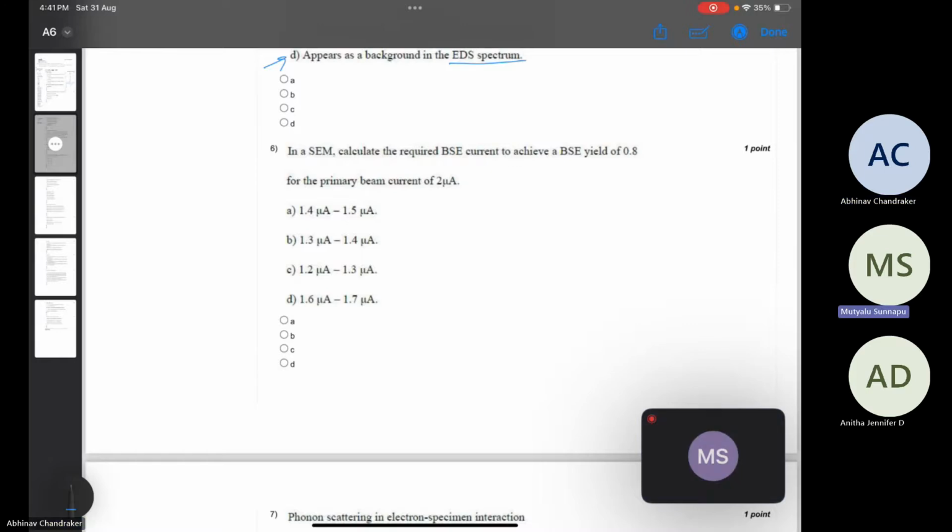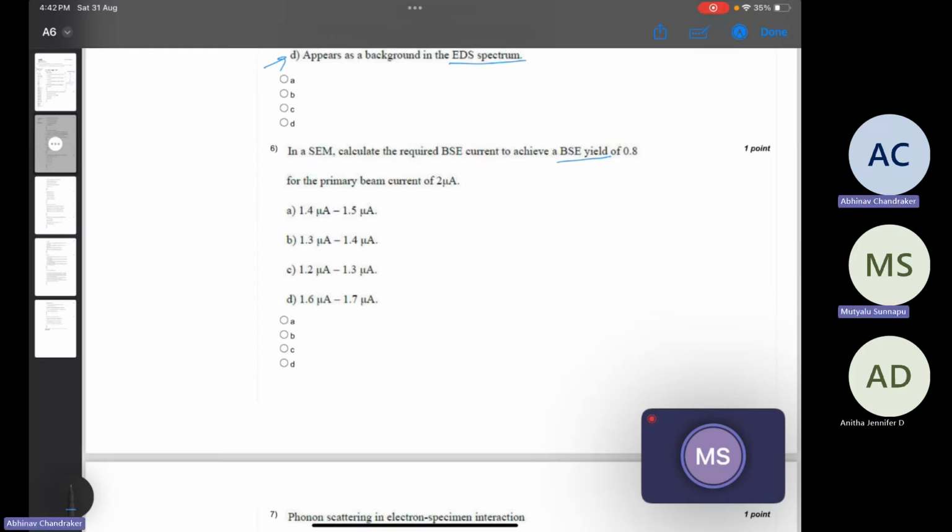I will check once again and relook at the calculation of BSE and SE versus BSE yield ratio for the primary beam current of 2 microampere.